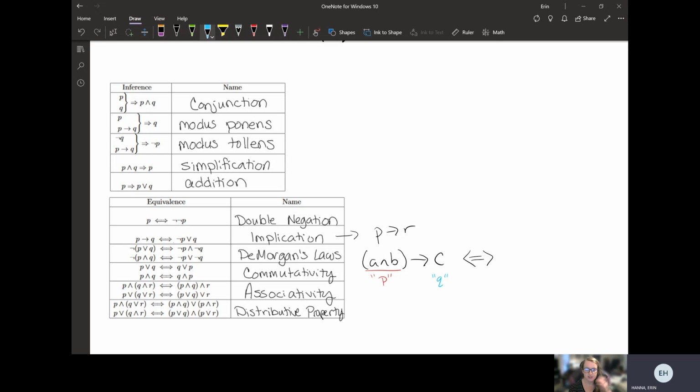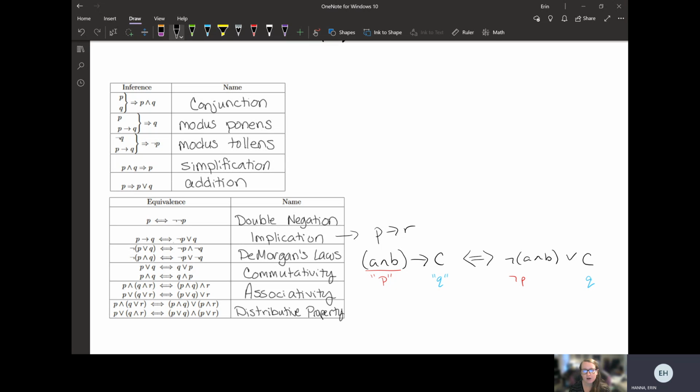So what this rule tells us to do is negate the P value, so this is going to turn into not P. But if P is that whole entire A and B, we just have to negate the entire thing. And then the rule tells us that the implication turns into an or, if you will. That's not exactly what's happening, but. And then we have Q, which just means that whatever that last value was stays the same. So in our case, it was C.